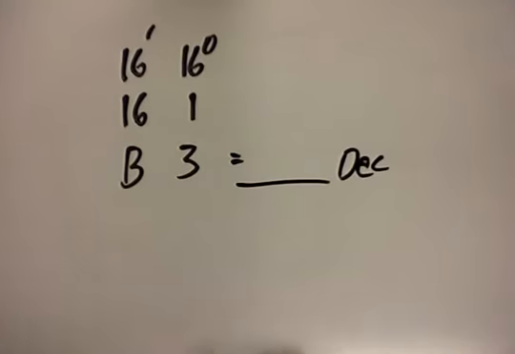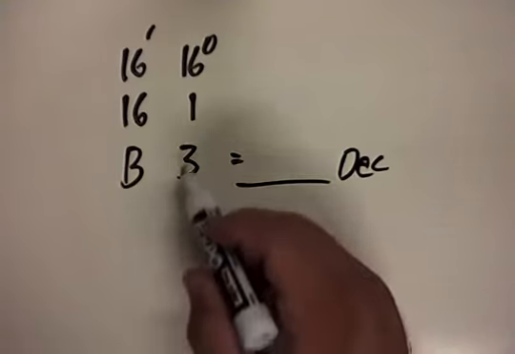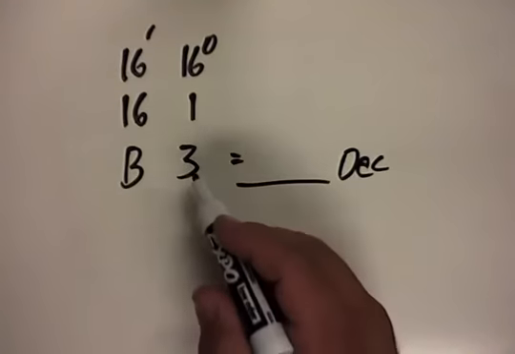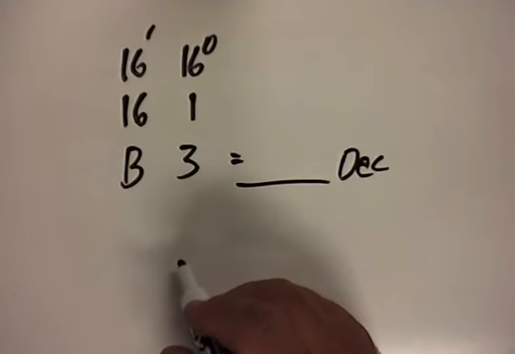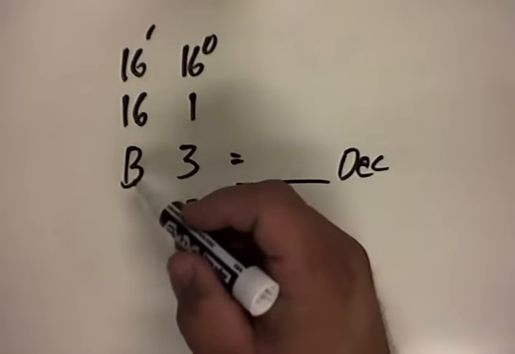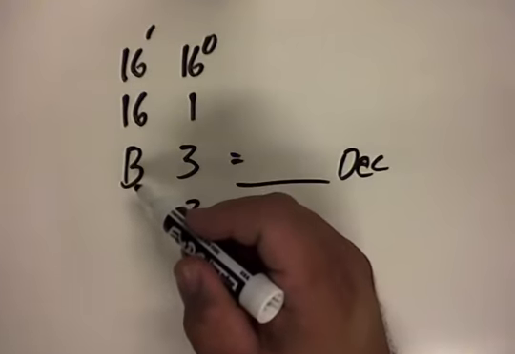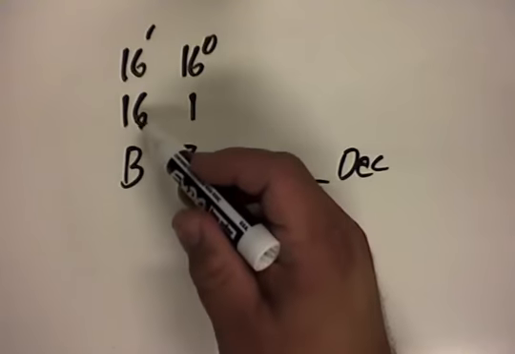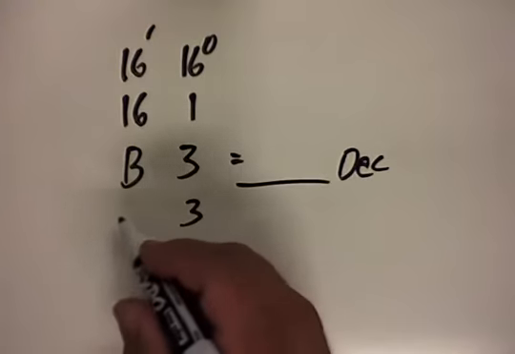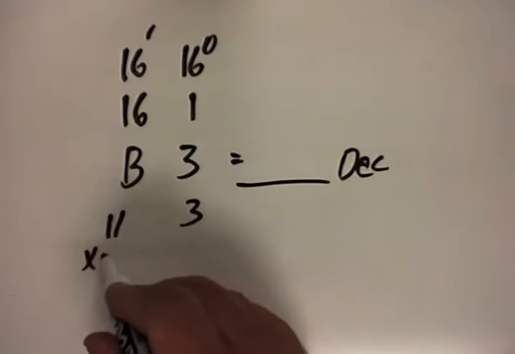Well, to do that, all I really need to do is take these numbers times the place value and add them up. Well, 3 times the 1 place is indeed 3. B, which is 11, we're going to take 11 times the 16 place. So we'll actually do 11 times 16.